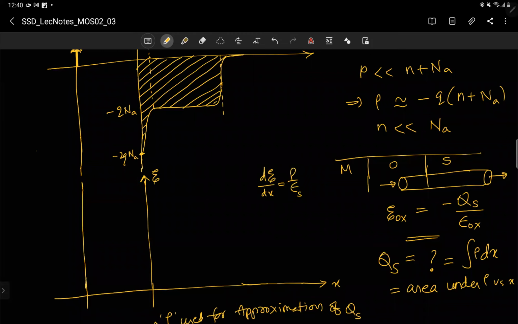Almost up to this region, E is linear, because rho is constant. And at the end, it goes to 0 when rho goes to 0.